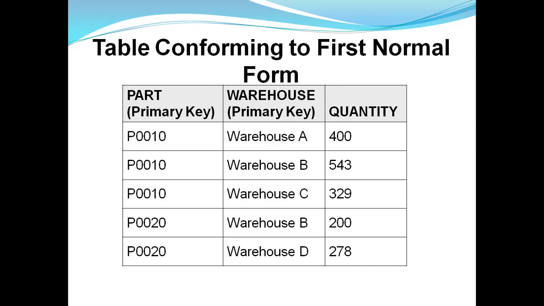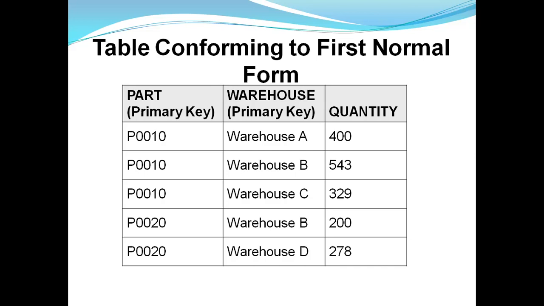Clear? Now, one thing to be remembered: each normal form is the higher version of its previous normal form. So when we talk about 2NF, 2NF is the higher version of 1NF.